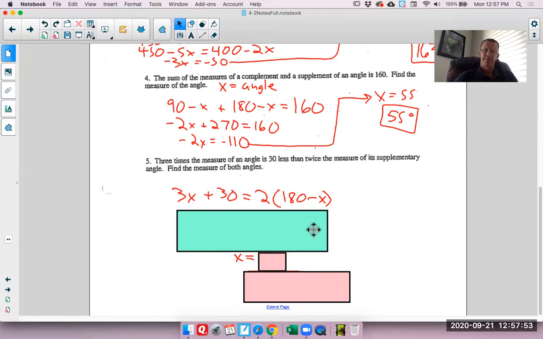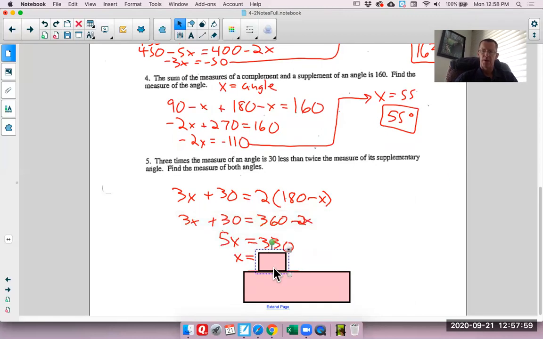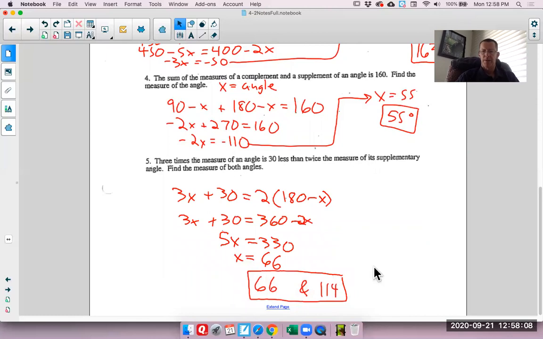But, you know, I could do the other too. You could have had minus 30 over here. And anyway, when you solved it, you should have gotten X equals 66. Now remember, you had to find the measure of both angles, right? So you need to find 66 and 180 minus 66, which is 114.